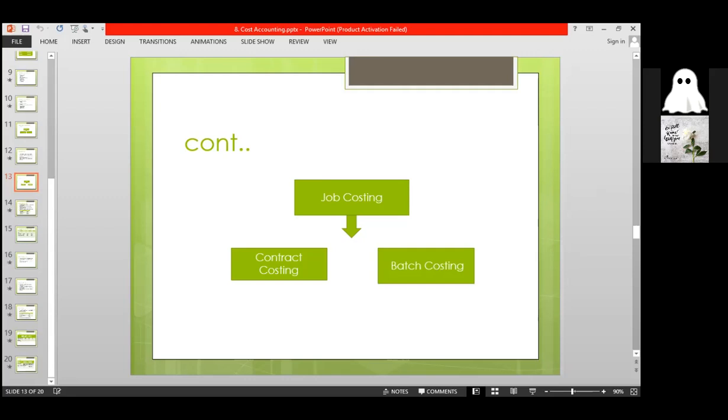But to look at their cost statement, they are simple. Might have a minor difference. Let me get a big statement for job order costing.